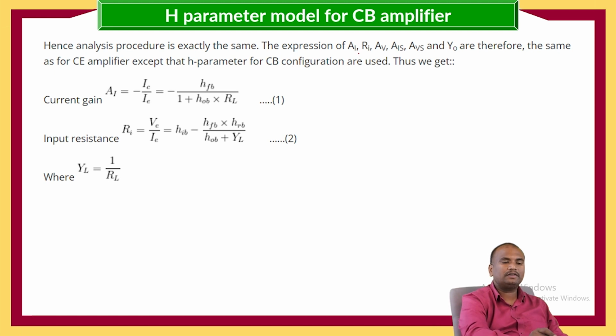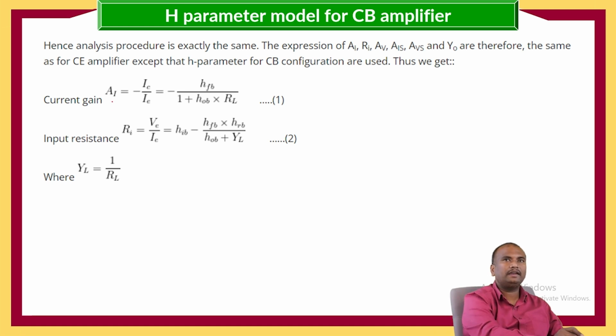The expressions of AI, RI, AV, AIS, AVS and Y0 are therefore the same as for the CE amplifier, except that H parameters for the CB configuration are used. Here we are going to use the H parameters for analyzing the CB amplifier parameters.